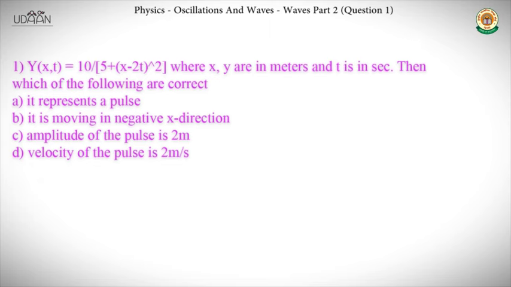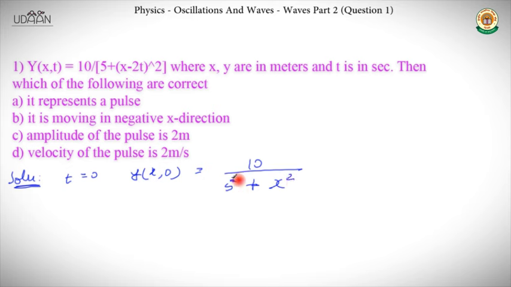So let's start by recalling the properties of a pulse. A pulse doesn't change its form throughout its motion. So let's see how it is at t equal to 0. At t equal to 0, y of x comma 0 turns out to be 10 by 5 plus x square.